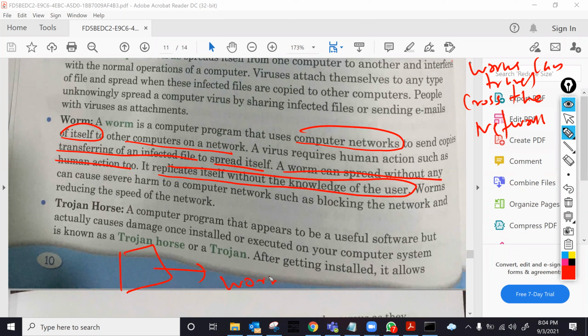We never know that. We only know when the machine is slow or suddenly shuts down. There are some malicious things happening. Suddenly the machine is restarting, the keys are not working, you can't click, things are not opening, sometimes your applications don't open.